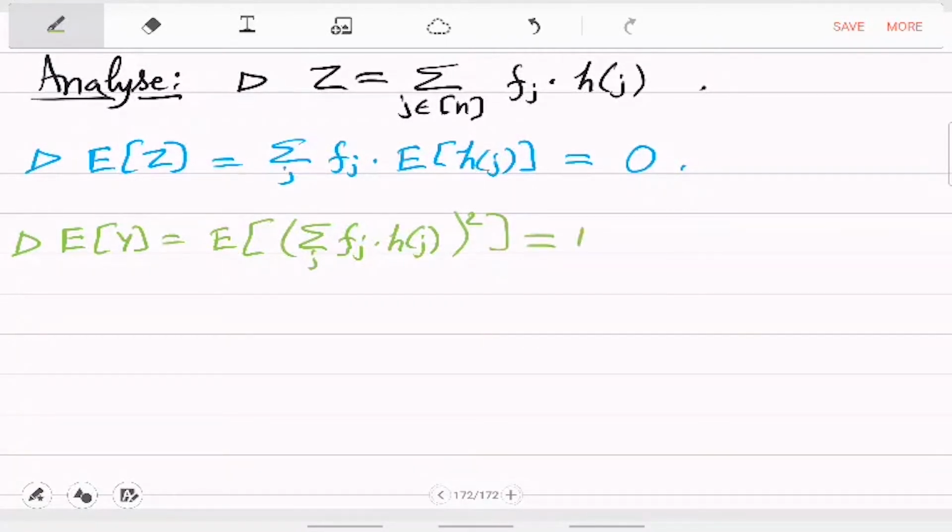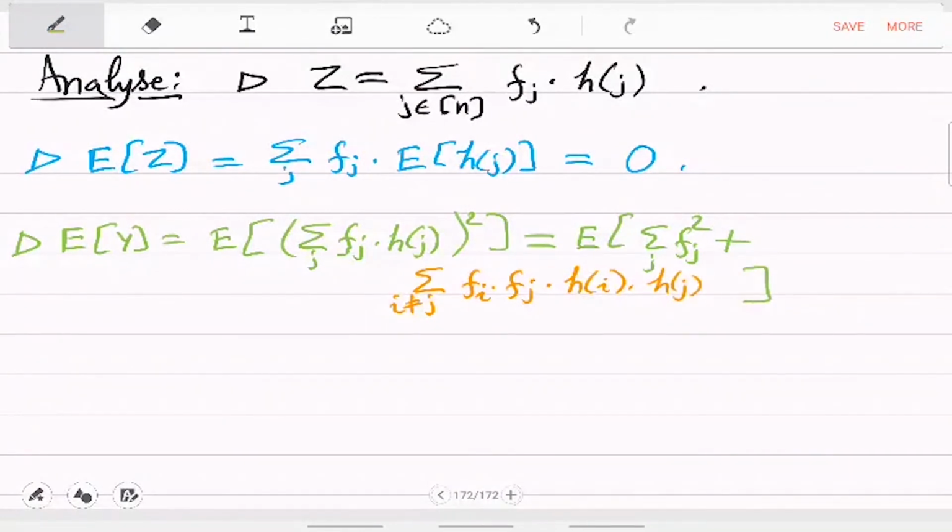So that is the expectation of, the inside thing is sigma Fj squared plus sigma Fi Fj Hi Hj, for i different from j. So the expectation, well, sigma Fj squared is just F2. So that's F2 plus, and the interesting thing is the second part.